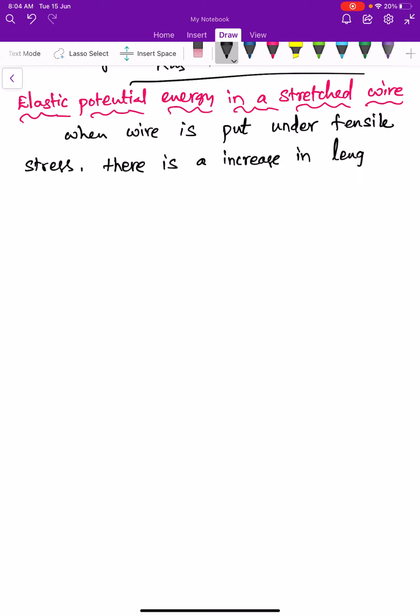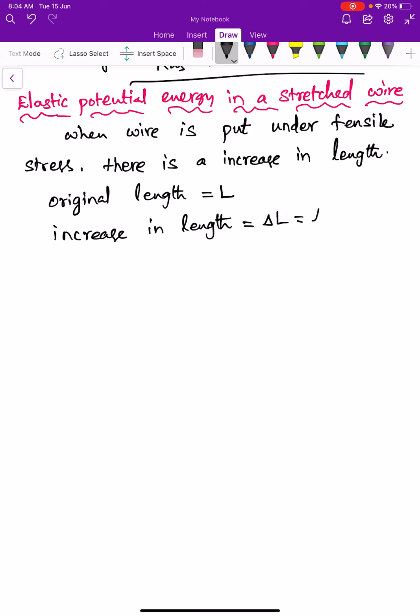Let us consider the original length is capital L, and the increase in length is equal to delta L, let us consider it as small l.